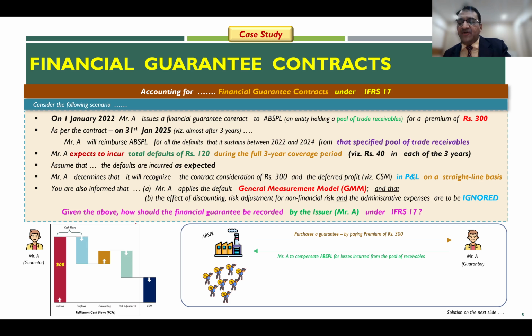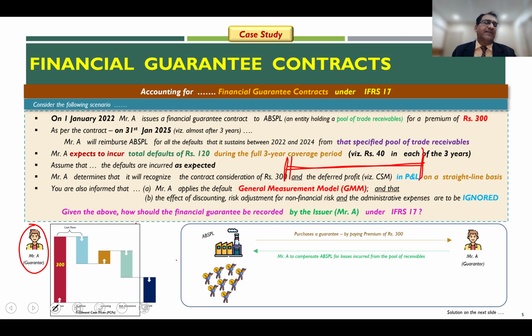If you see the way the GMM model works for the guarantor A, forget about the model. Conceptually, if you look at what will happen in case of an insurance contract, generally insurance contracts are long contracts. Say, for example, life insurance contracts may be for 10, 15, 20, 30 years. And therefore, in a typical insurance contract, you will have inflows.